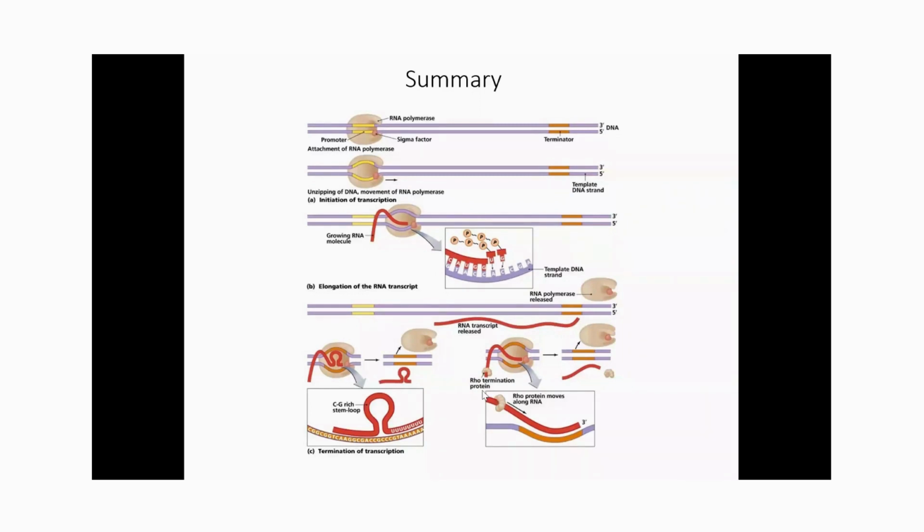Then rho dependent termination: rho travels along with the RNA molecule and goes to the termination site of the DNA, and then it releases the RNA molecule, releases the RNA polymerase enzyme here, and separates the RNA molecule.